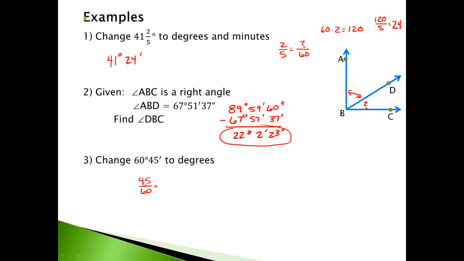Well, I think the biggest one would be 15. 15 goes into 45 3 times. 15 goes into 60 4 times. So we could write that as 60 degrees because that doesn't change. Oop, not 60 degrees. 60 3/4 degrees. Because when we have it as just degrees, all the numbers are to the left of the degree symbol. Okay? So that would be that answer.